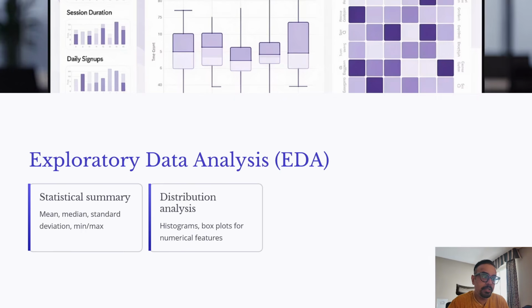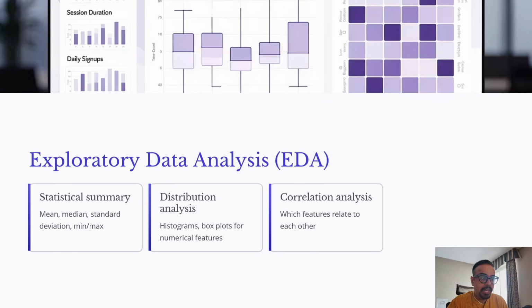Now, distribution analysis shows you how your data is spread. Create histograms from numerical features to see if they are normally distributed or skewed or have multiple peaks. Use box plots to reveal outliers, where you can see data points that fall far outside the typical range. So correlation analysis identifies relationships between the features.